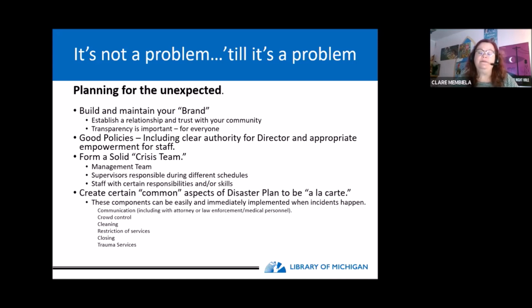And what's nice about some of this is that if you already have a disaster plan and you have documents from the pandemic, you can create this a la carte, policies that can be interchanged with any crisis.